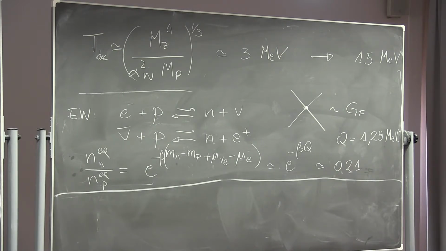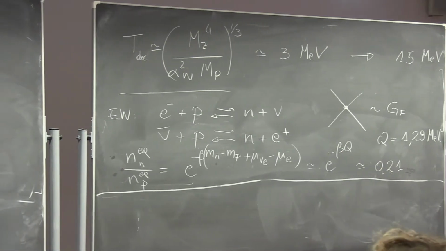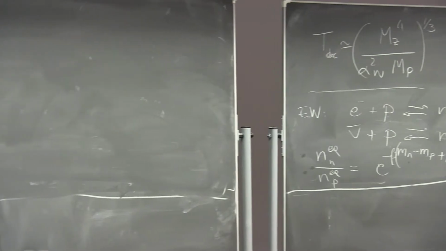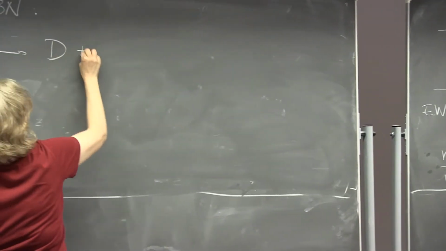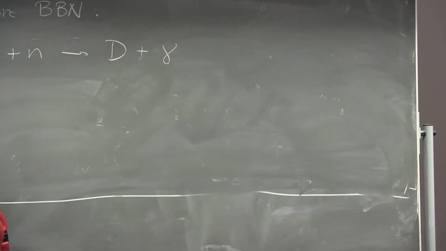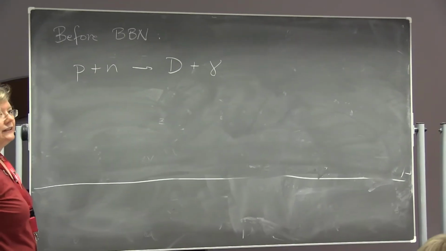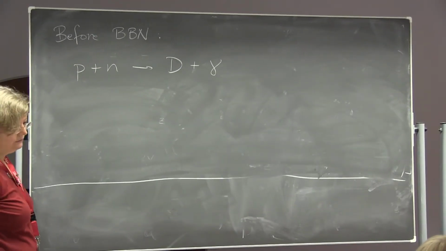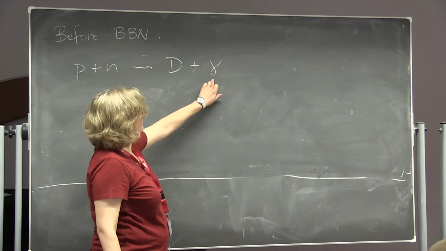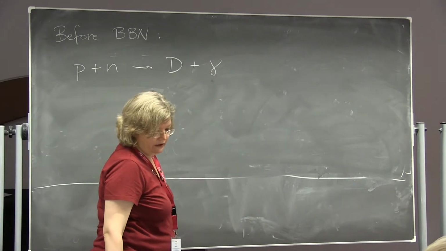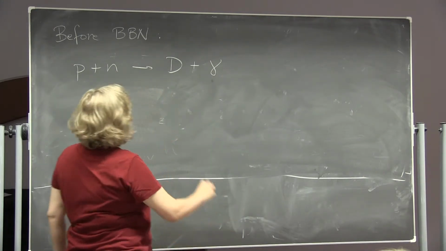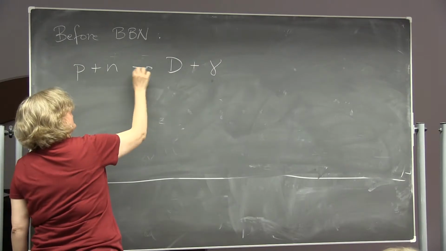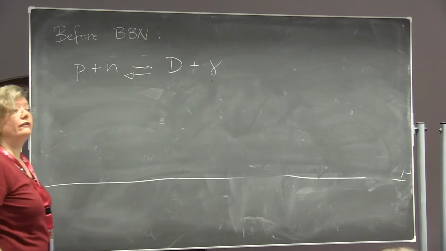Deuterium is the simplest light element. A proton and a neutron will go into a deuterium plus a photon. Okay? Notice that the deuterium binding energy is pretty low, and so this gamma will not be very energetic, but of course the problem is you don't have only this process, you also have the inverse process.